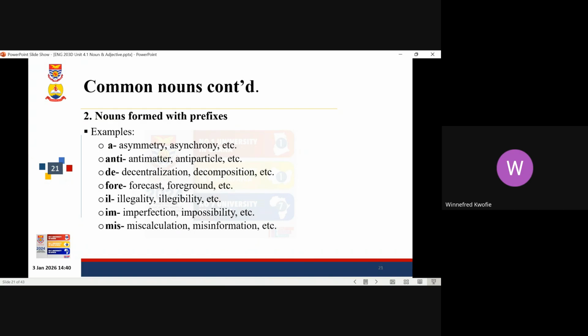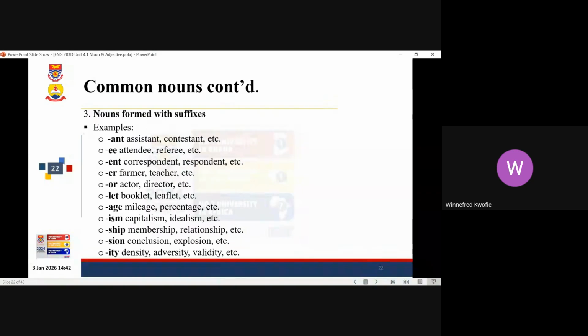In the same way, il is placed before legal, and so il becomes a prefix. But then ity becomes a suffix because it's been placed after the base word.